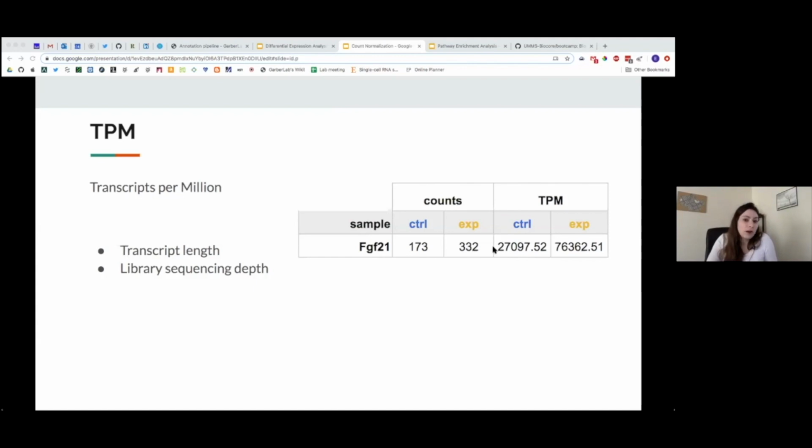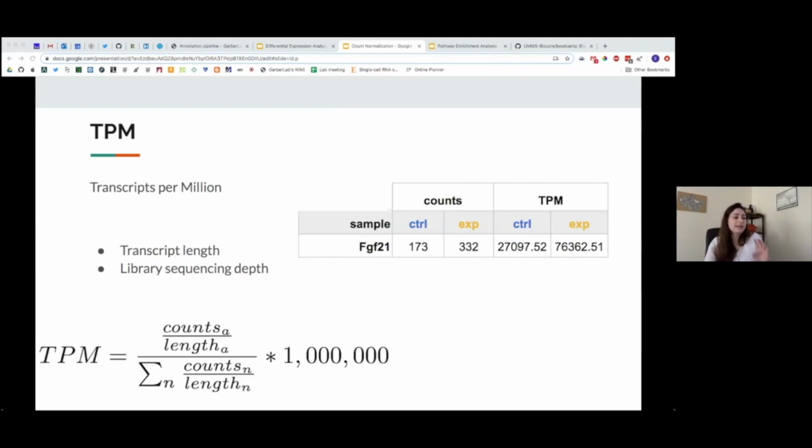So even better, when you normalize this way, you can actually have the same sum of TPMs for each sample. What that means is, here I'm showing you only for one gene, but if I took the entire table and I summed up all of the TPMs for the control sample, what I would end up getting is 1 million.